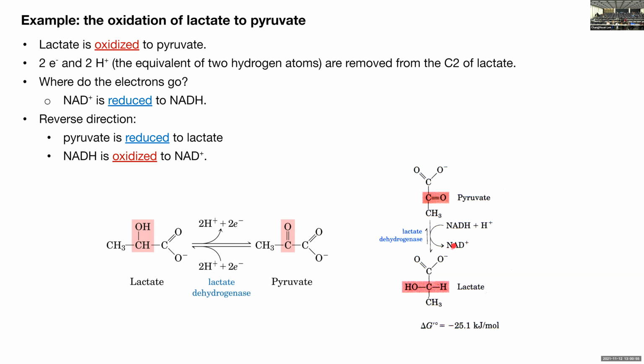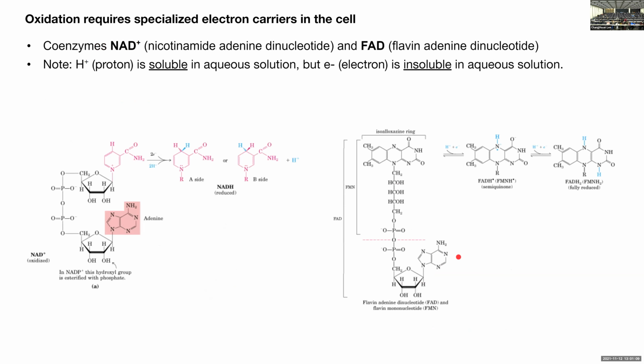So pyruvate will be reduced to become lactate, meaning that it gains electrons, and NADH loses electrons, so it's going to be oxidized to NAD plus. And again, these electron transfers are really critical for the oxidation-reduction reactions.